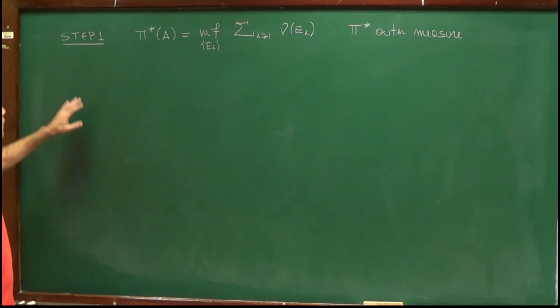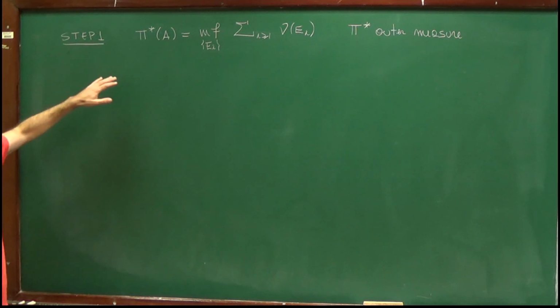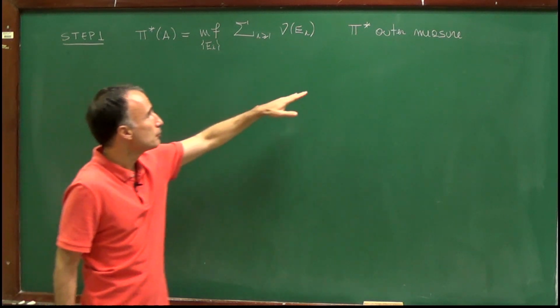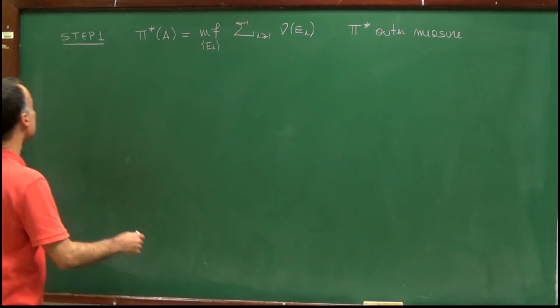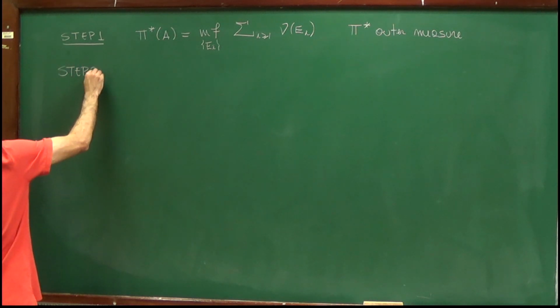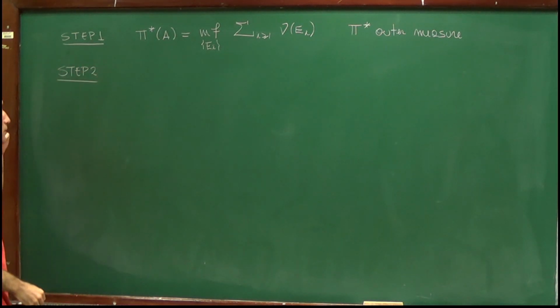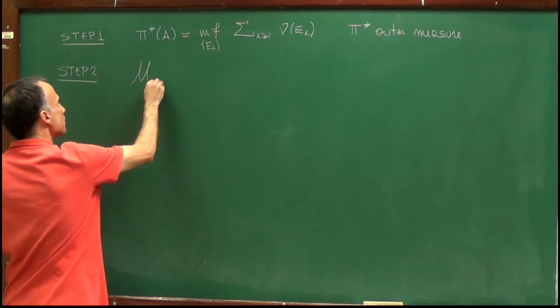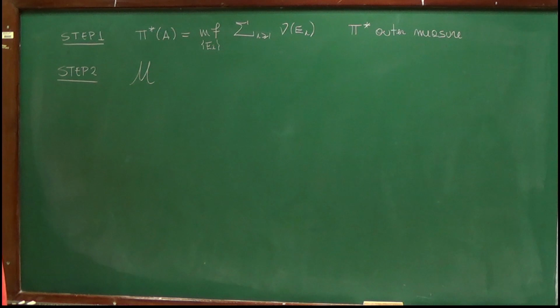So, we proved the first step, in which we introduced P star, and we proved that P star is an outer measure. So now the second step consists in introducing a family of subsets which are called the measurable subsets.